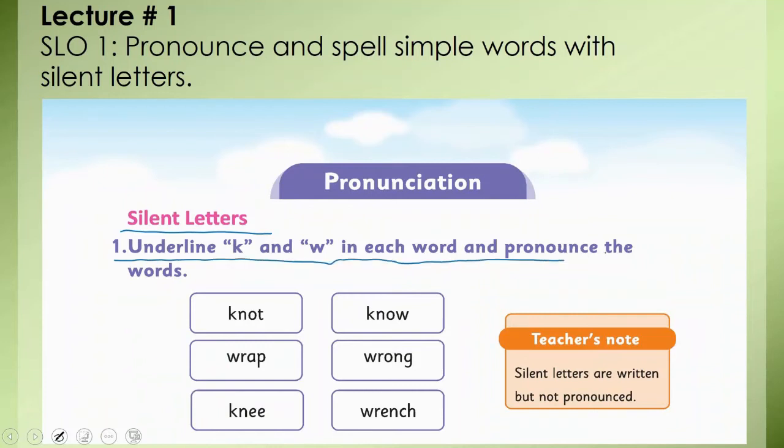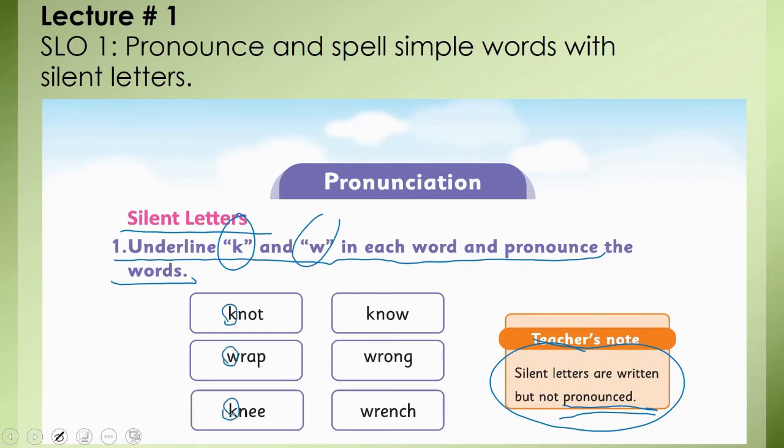Silent letters are the letters which are written, no doubt, but they are not pronounced. We don't say the sound when we say these words. In the example here, k and w, even if they are written, they are not pronounced, they remain silent.